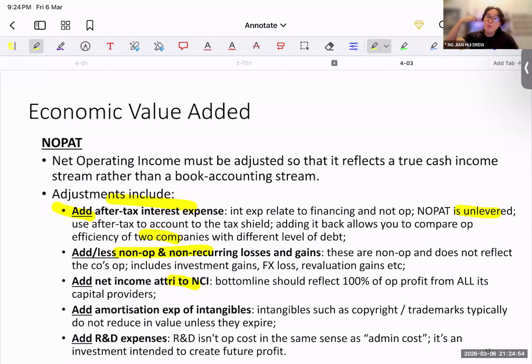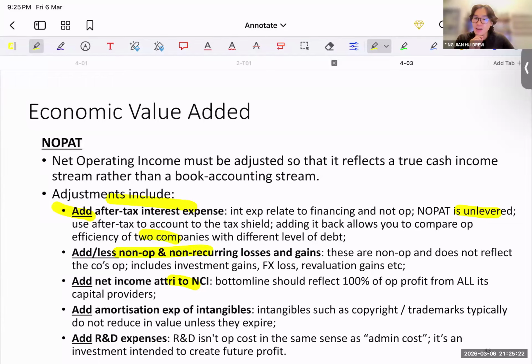And this is being removed from your main profit based on accounting rules. However, this is not correct because if you're just going to focus on operating profits, we are actually quite concerned about the NCI, right? Because your NCI is contributing capital to you. So you must include the profits earned from the NCI in your operating income.